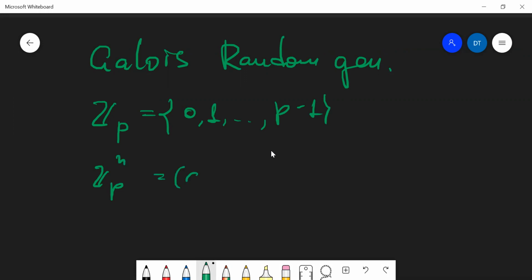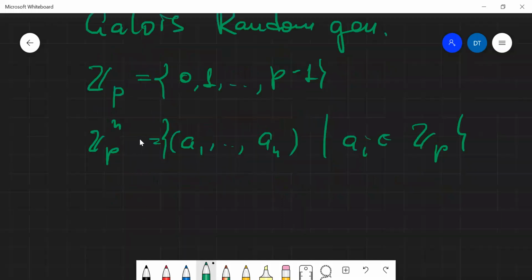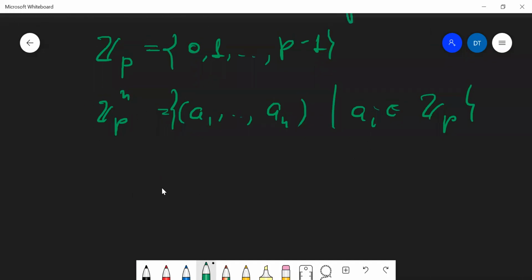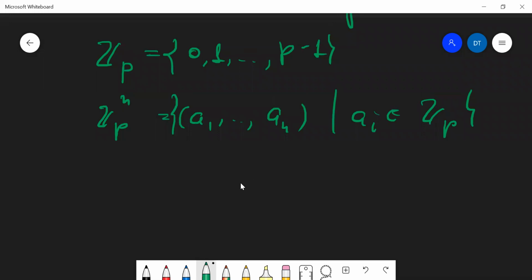So this is just a sequence of elements of Z_p. Now, the goal is to produce a random element of this set. How to randomly choose an element here. And actually, I want to produce a sequence of random elements from this set.